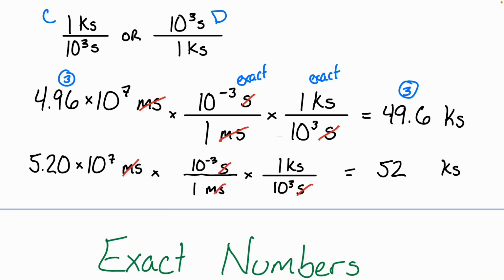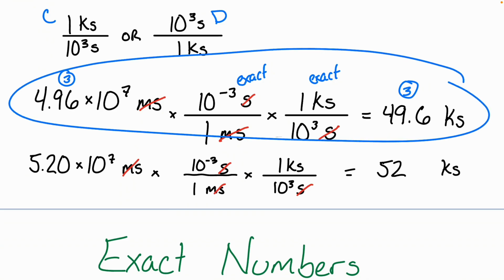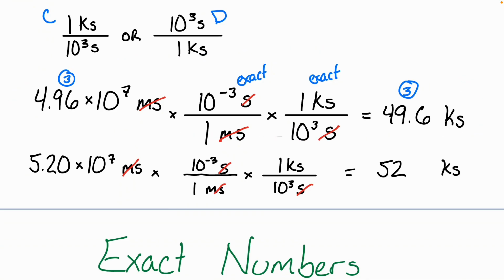What's wrong here? The sig figs, right? So this is where you have to be careful, especially with those zeros, because your calculator does not keep track of sig figs. That's what you've got to do at the end here. So up here we got lucky. Our calculator spit out the number with the correct number of sig figs. Don't get too attached to that always happening. This is a perfect example down here where that didn't happen. This number has 3 sig figs.